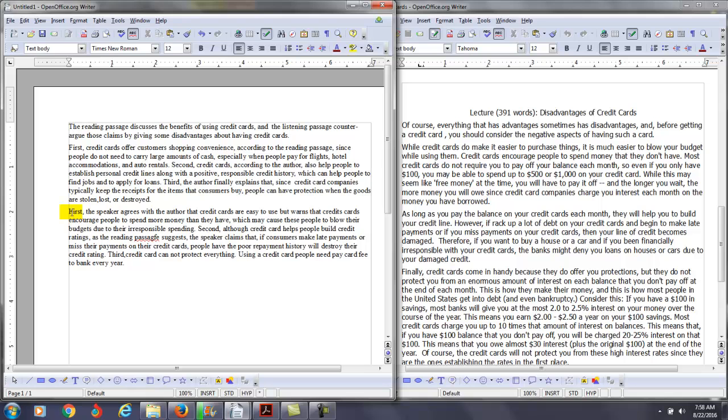Second, although credit cards help people to build credit ratings, as the reading passage suggests, the speaker claims that if consumers make late payments or miss their payments on their credit cards, people will destroy their credit rating.